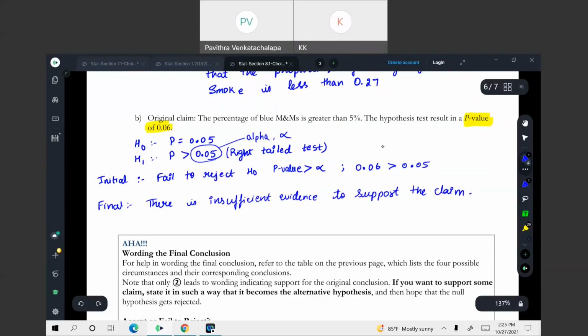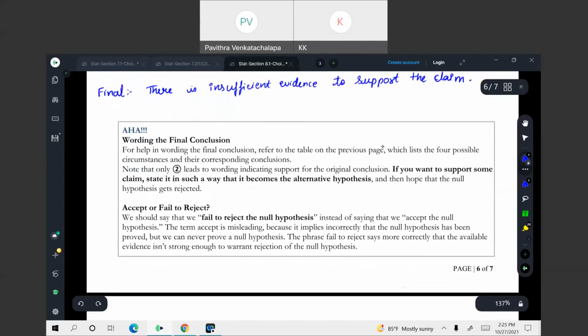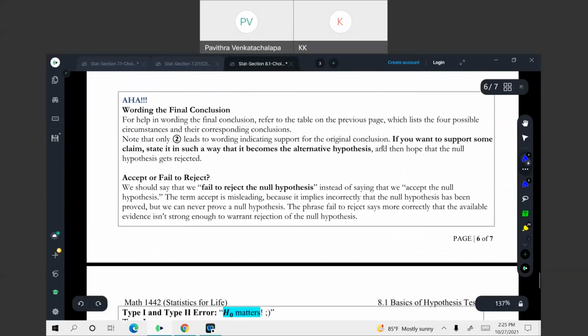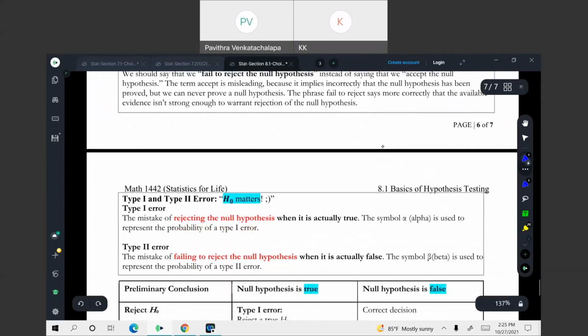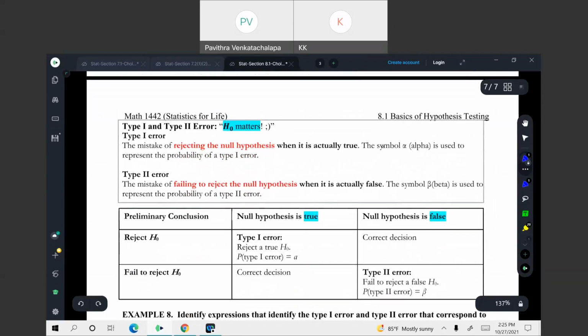So this is how you write the final and initial conclusion. Here you have some content, you can read this on your own. This will help you when you're doing your MLM assignments. Okay, so that was about initial and final conclusion.